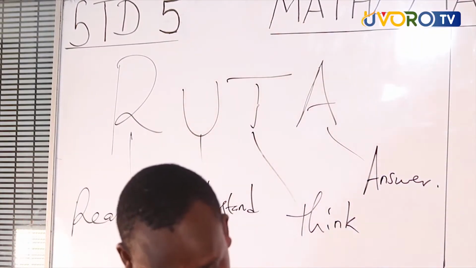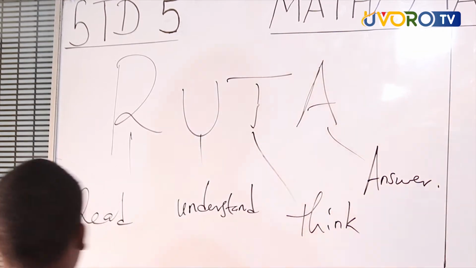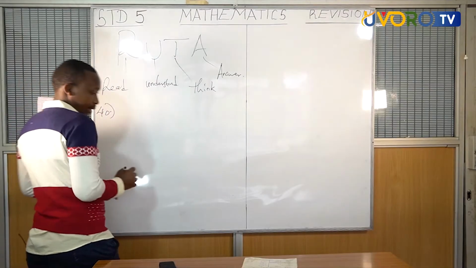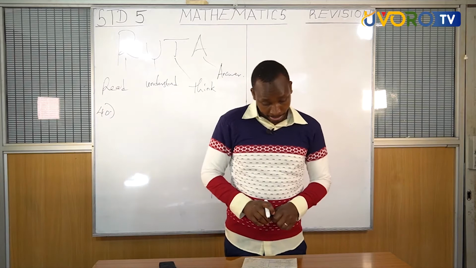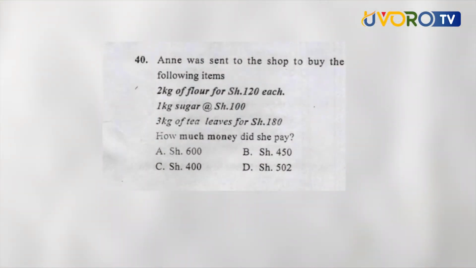We go to question number 40. Question number 40, that is class 5. We are told that Anne was sent to the shop and bought the following.